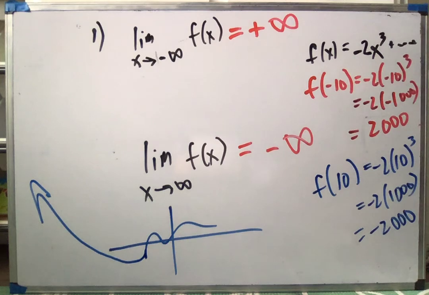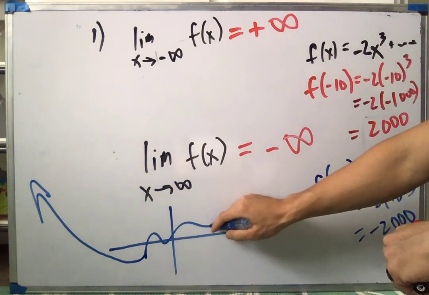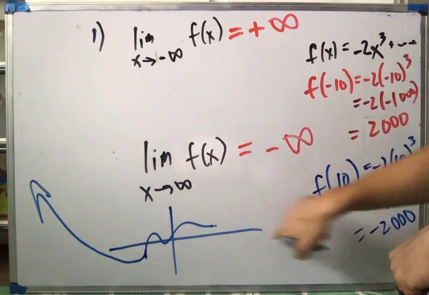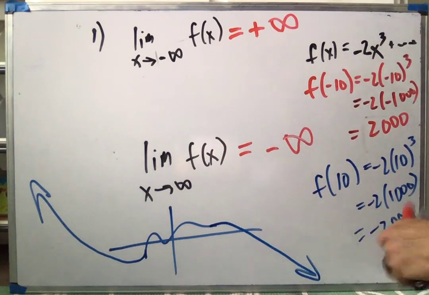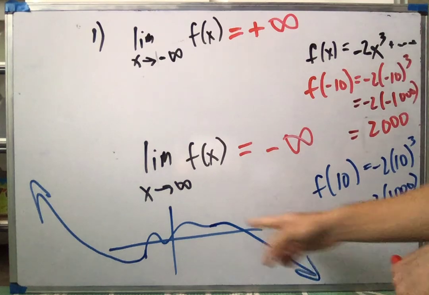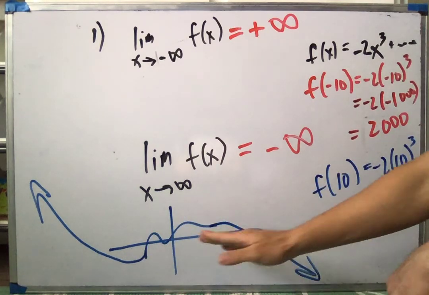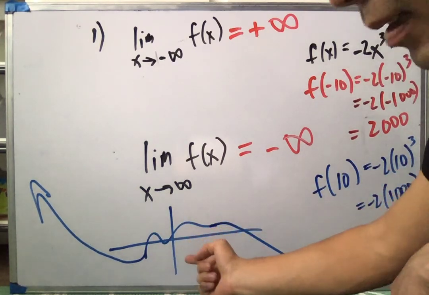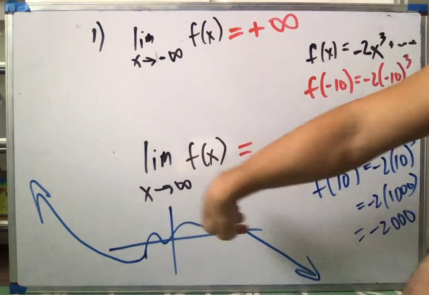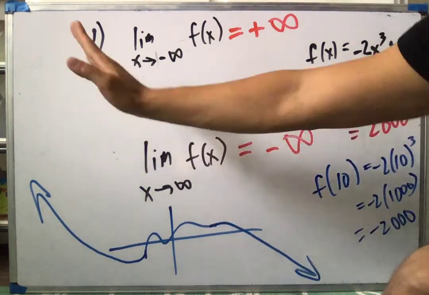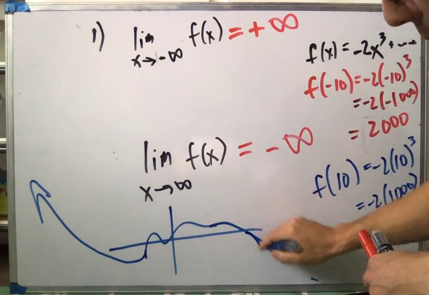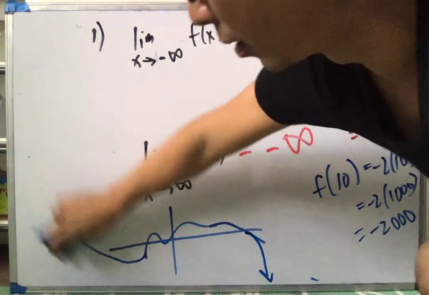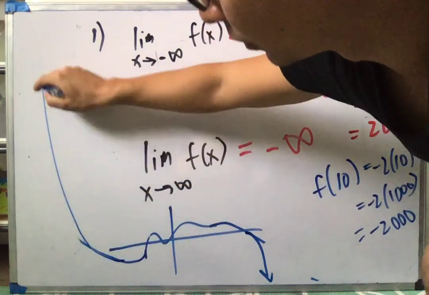And as x goes towards positive infinity, to the right, it's going down, down, down. It's going smaller and smaller. This is actually not exactly what the graph looks like, but I just want to emphasize what's happening far to the left and far to the right. It's going really high and really low. In fact, probably more steep than that. It's more like this probably, and this one's probably also more steep like this. Really big.